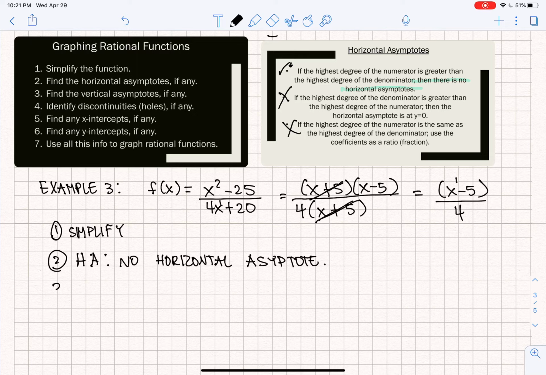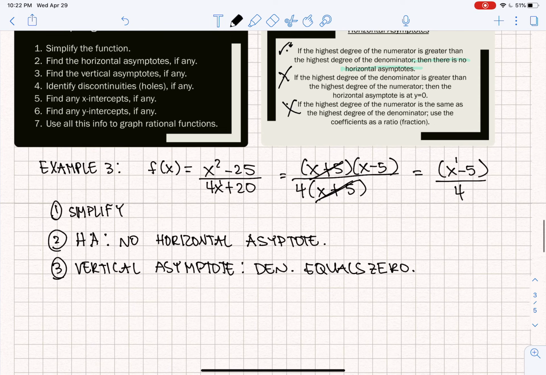All right, and let's go to part 3, vertical asymptotes. So the denominator equals 0, because we can't divide by a 0, so we would get an asymptote there.